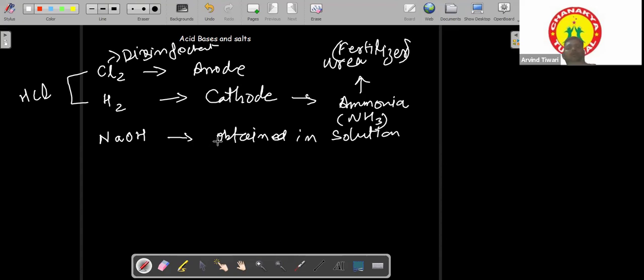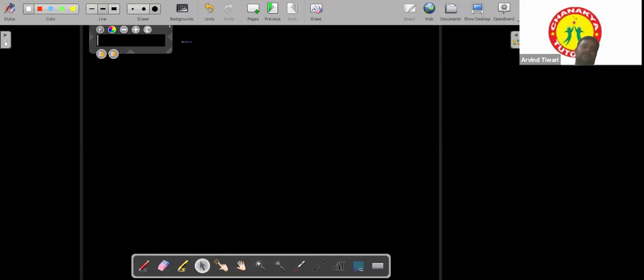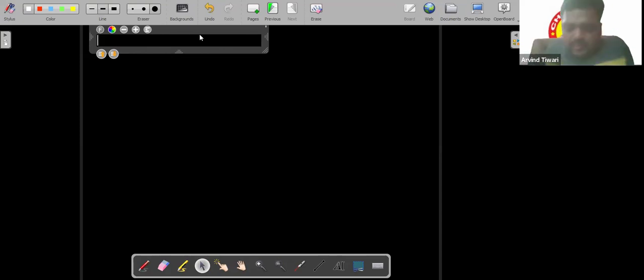Now, we'll be looking at some other chemicals which we manufacture using these or using some other things. One of them is washing soda. So here now we are going to discuss washing soda.